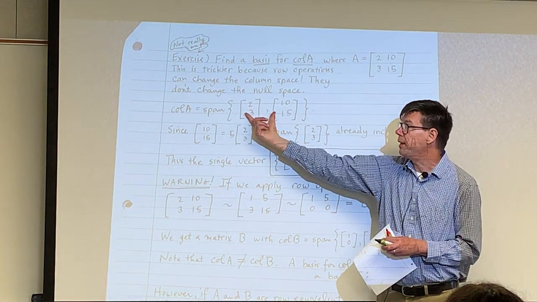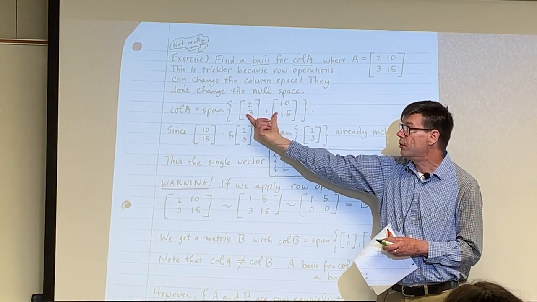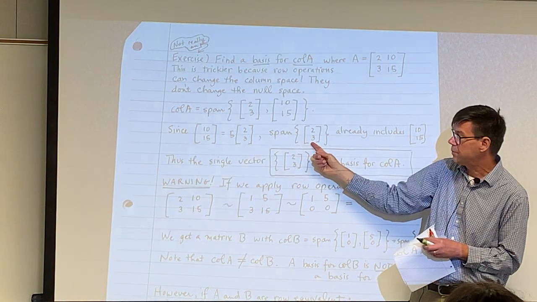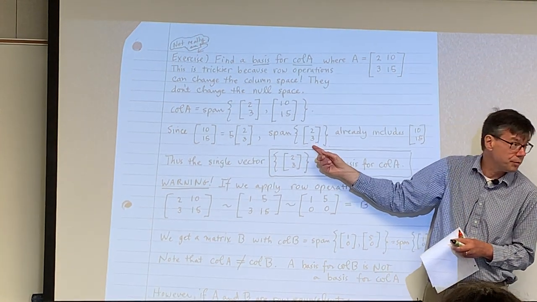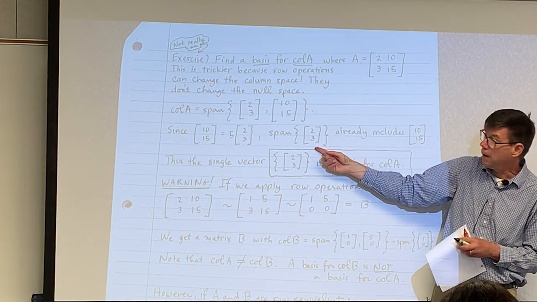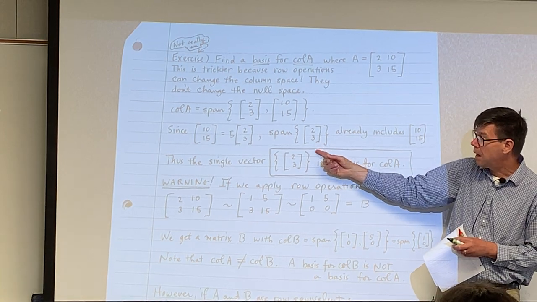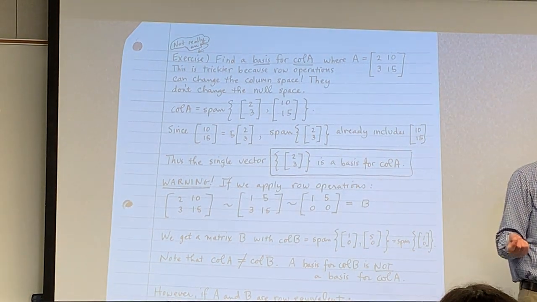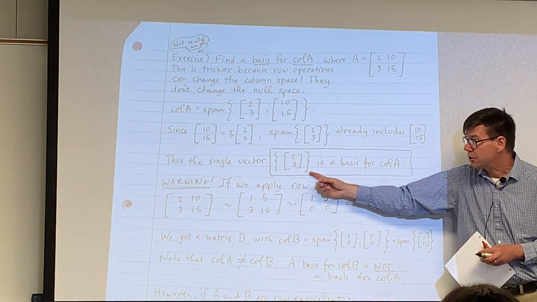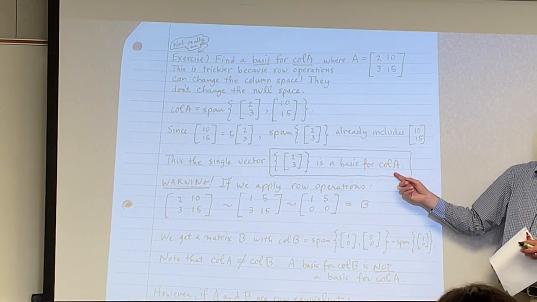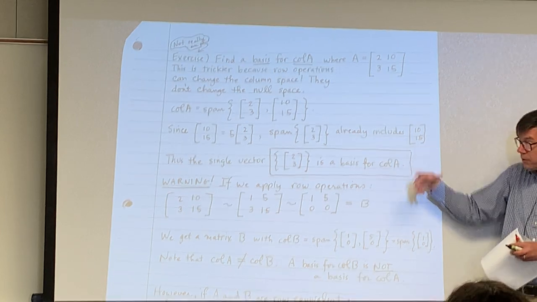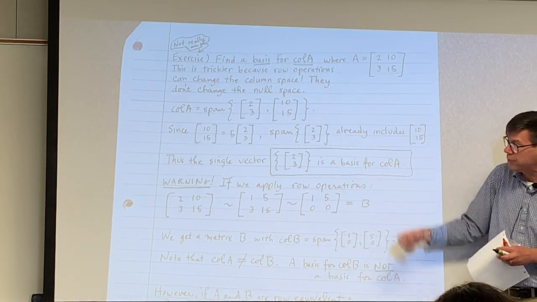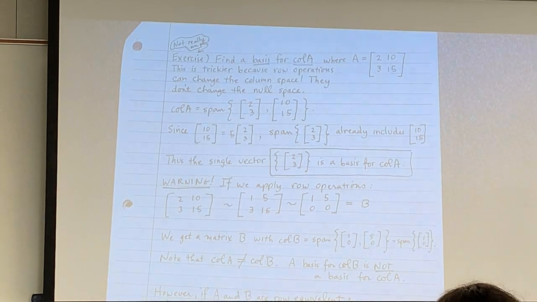Because all linear combinations of these two can be obtained just by taking scalar multiples of 2, 3. Okay? And a single non-zero vector is linearly independent, so we can actually say that single vector is a basis for the column space. So simple situation because we have one non-zero vector.